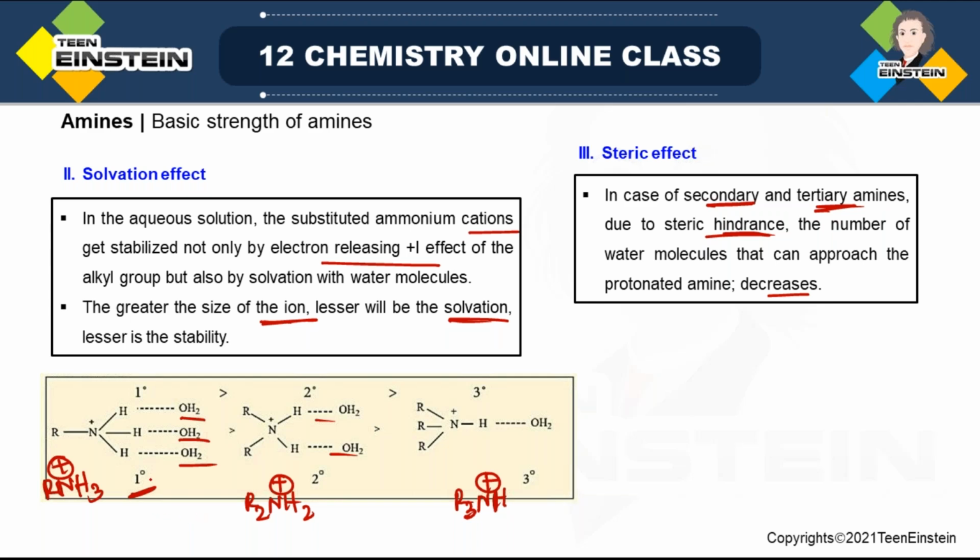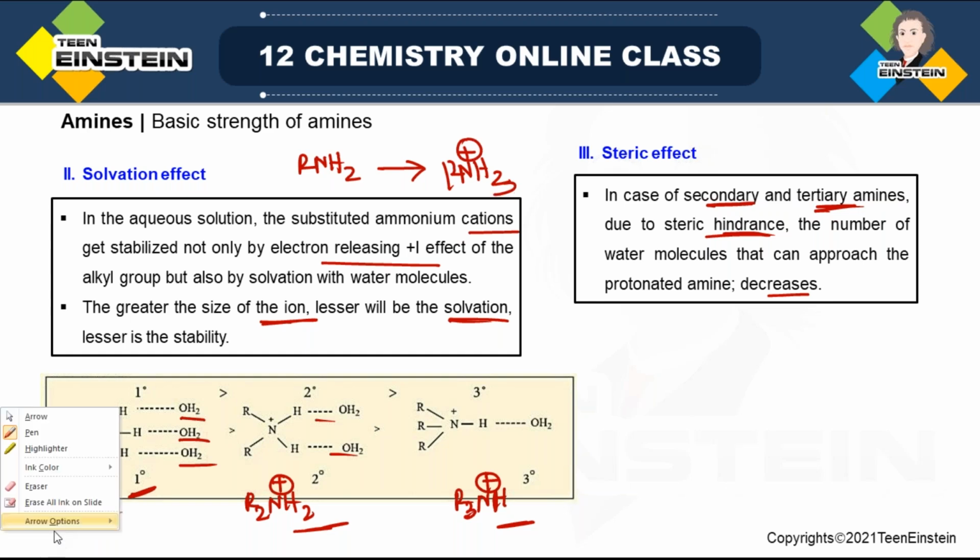So this should have the maximum basicity, because RNH3 plus, R2NH2 plus, R3NH plus, all these are conjugate acids. Conjugate acid means if it is amine RNH2, after treatment in water, it becomes positively charged. So when it is positively charged, we call this conjugate acid.